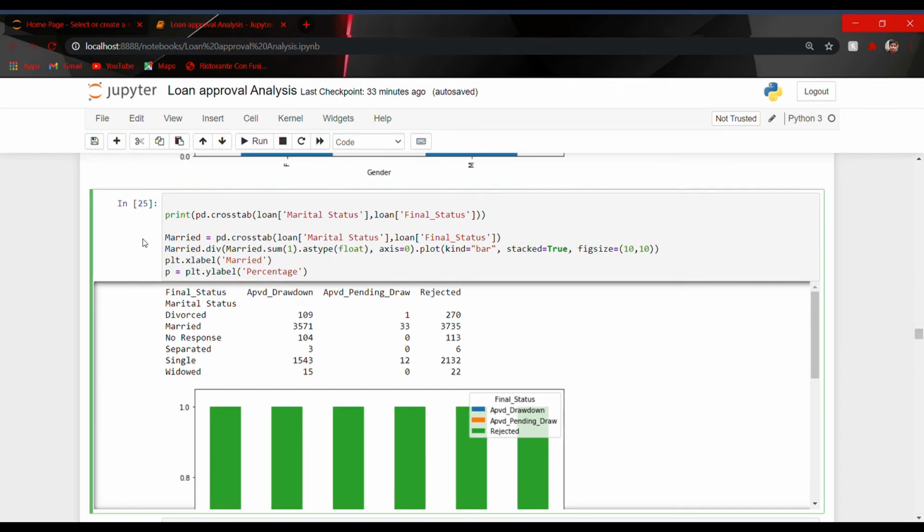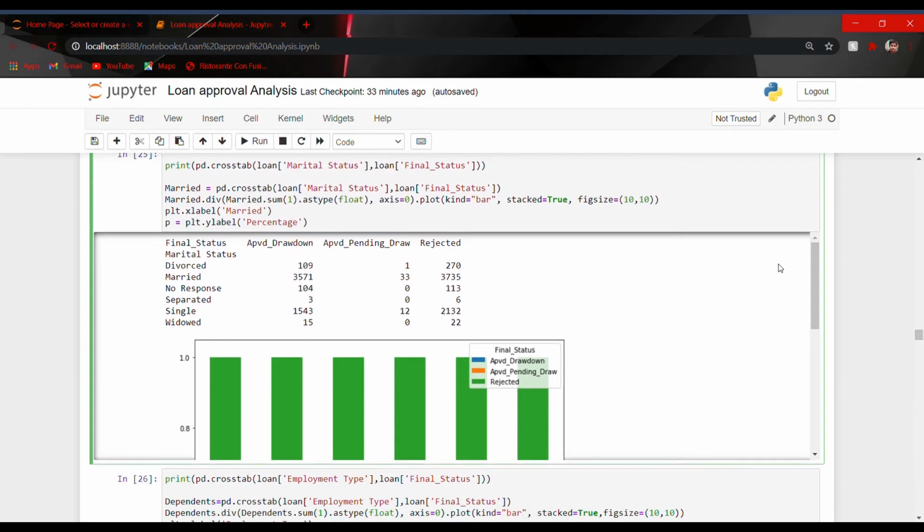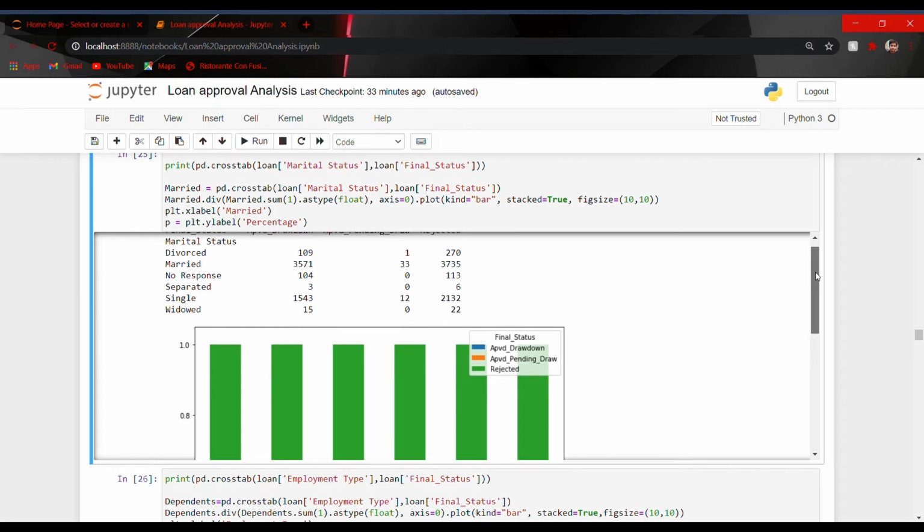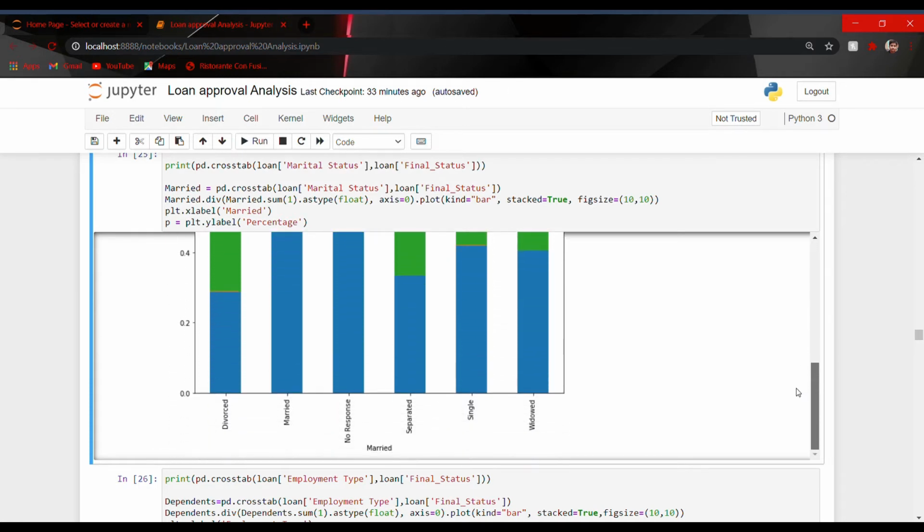Now here I have used crosstab again, but this time I am using marital status to do the analysis. Then again I've drawn the graph, and here you can see at first I've got the tabular format of my analysis, but although tabular format is not as attractive or as efficient as visual analysis, so here we can see our visual analysis.